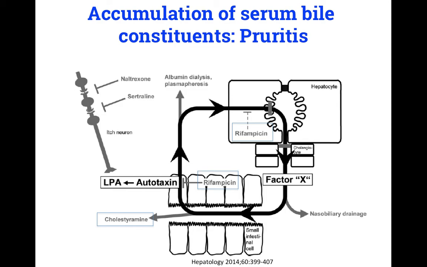And so it potentially offers a therapy. But another reason why rifampicin may be effective is that it can reduce autotaxin expression and has been shown to do so in in vitro studies.